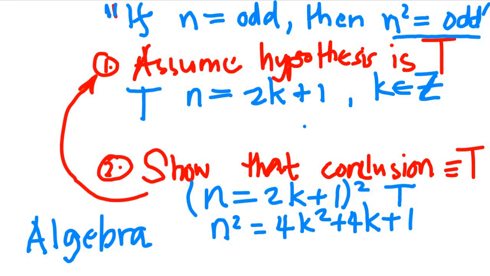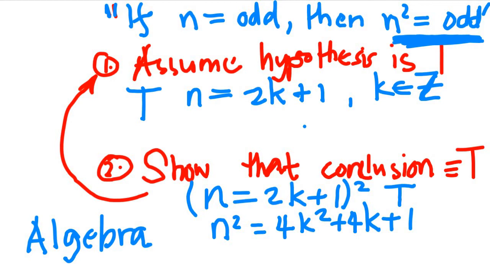Now, let's remember that the goal is to show whether n squared is an odd integer. So is 4k squared plus 4k plus 1 odd? We cannot tell.